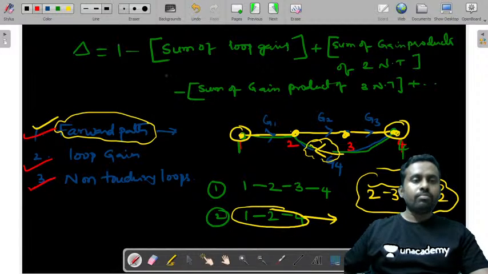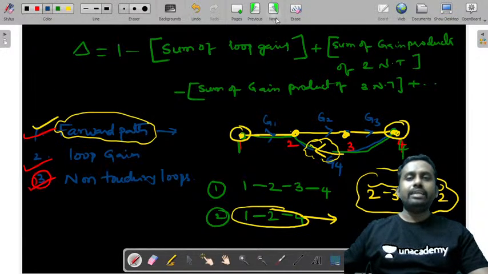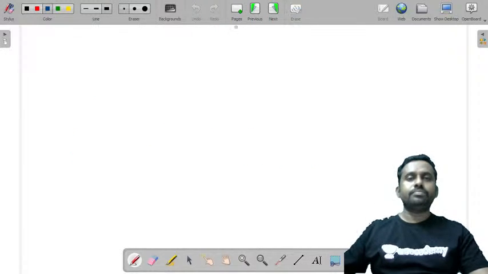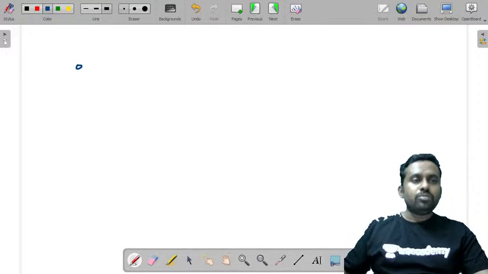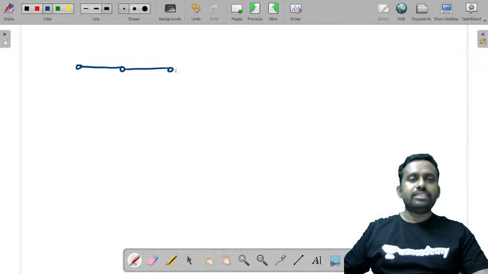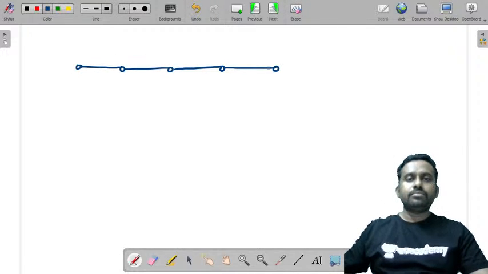So you need to know what a non-touching loop is. Now let's see what is a non-touching loop. Let us consider one signal flow graph that is given something like this, and let there be a loop like this, and let there be another loop like this.